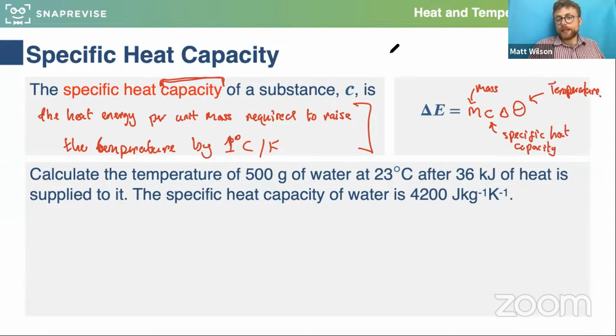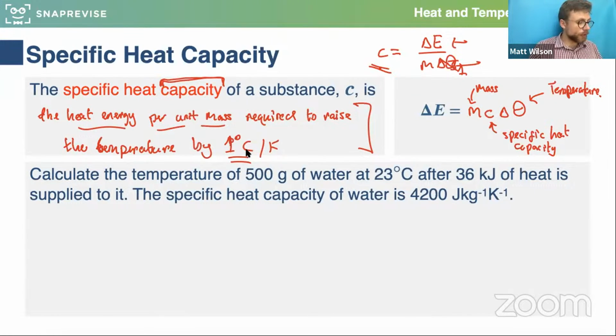So let's try and understand this. Let's rearrange for C. If we rearrange this equation for C, we get energy over mass times change in temperature. Let's imagine that the change in temperature was 1, as in this definition. Then what this equation says is the specific heat capacity is the heat energy per mass, so divide by mass, required to raise the temperature by 1 degree.